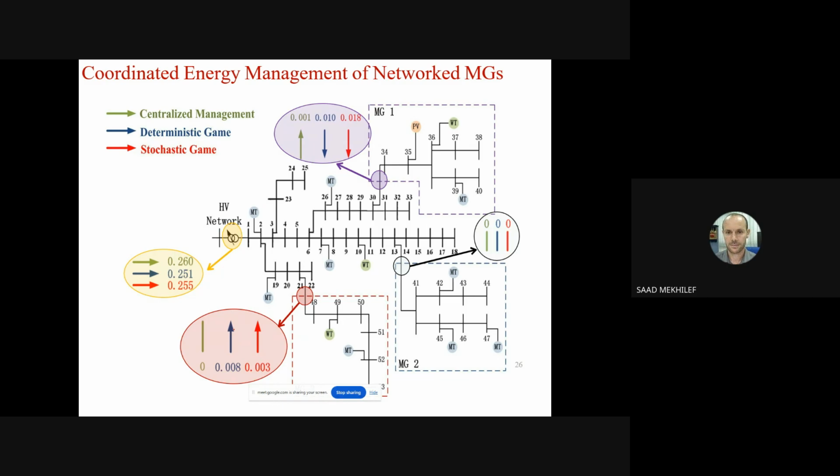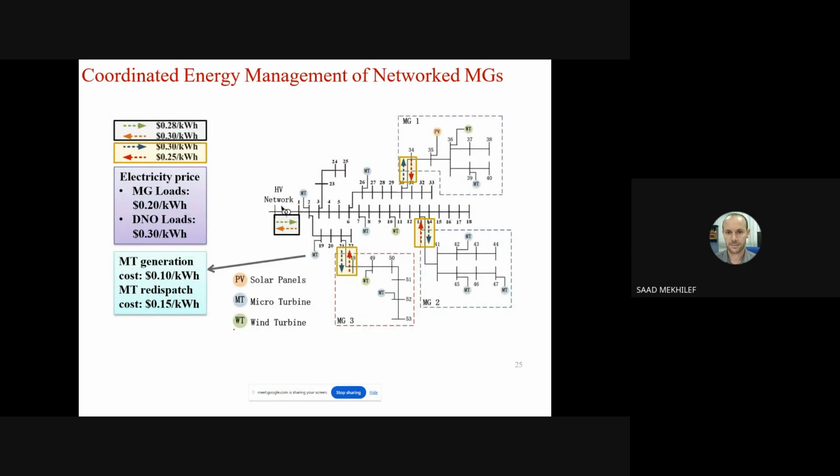There are different energy management and coordination approaches. For example, you have three microgrids connected to the bus systems, and then you do different energy management depending on how much you buy the electricity and how much you sell it. There are different scenarios, and then you decide either to sell, to buy, or to consume from the neighboring microgrids.